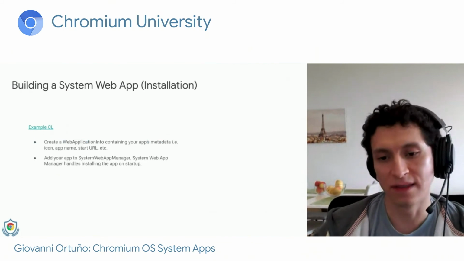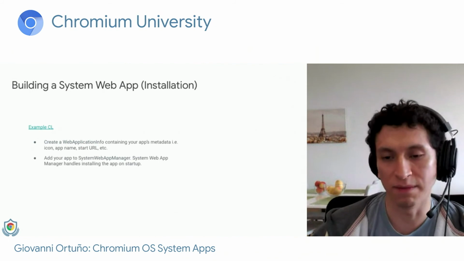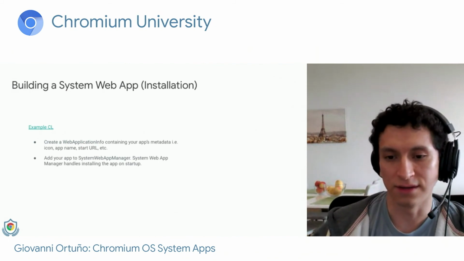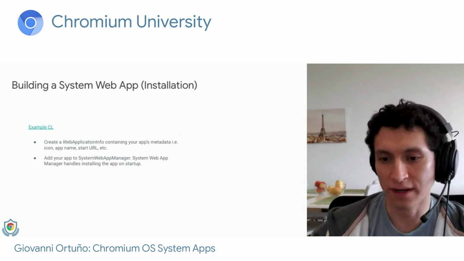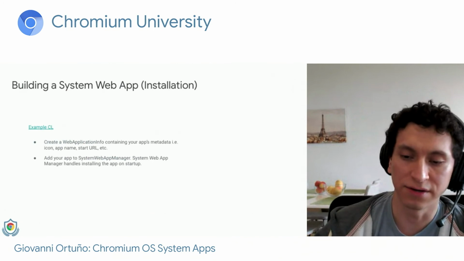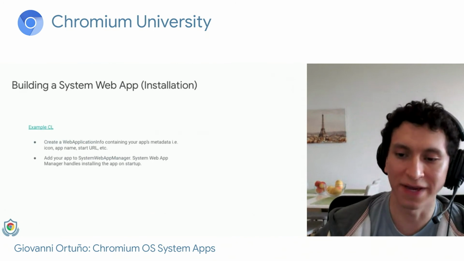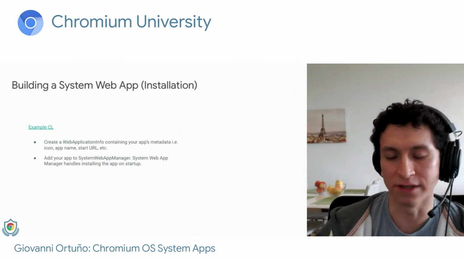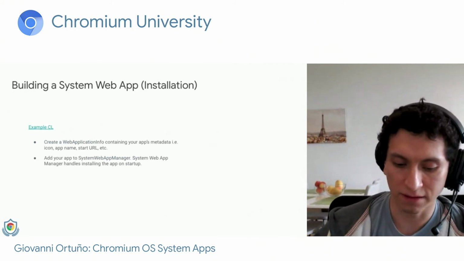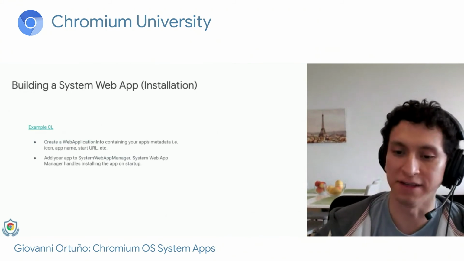The next step in building your system web app is the installation part. As I mentioned before, this means adding your system web app to the System Web App Manager. So maybe you've heard from PWAs that they have a manifest.